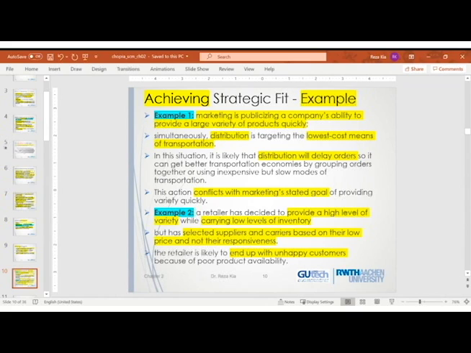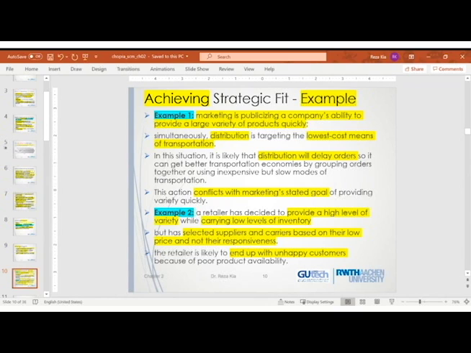Okay, this is one point. In the distribution department, they don't care about the marketing. The manager of the distribution is just targeting the lowest cost of transportation mode.